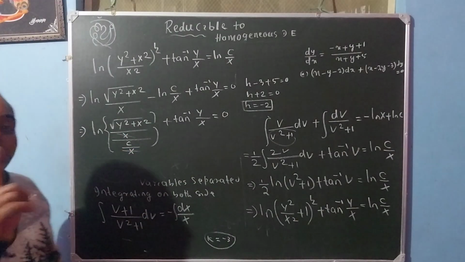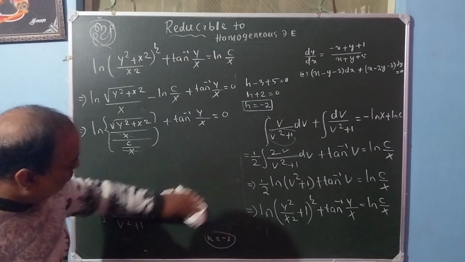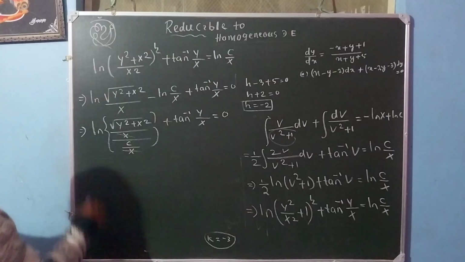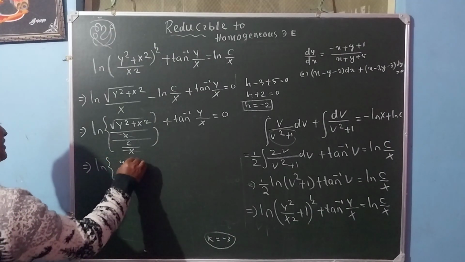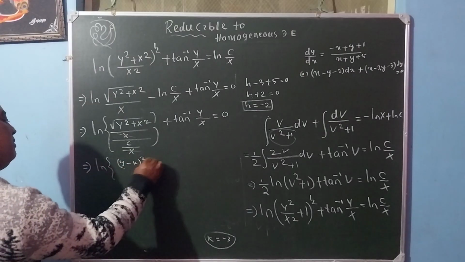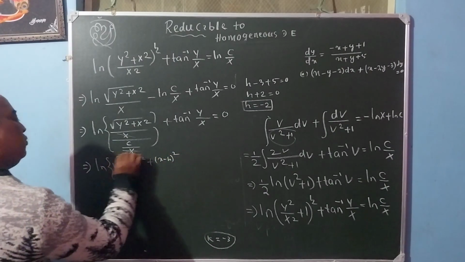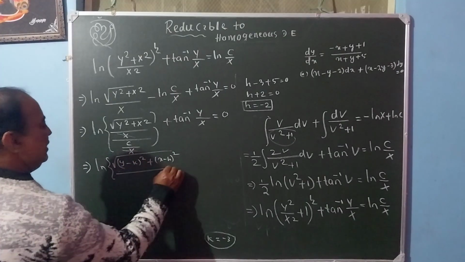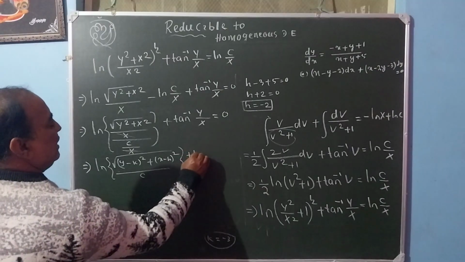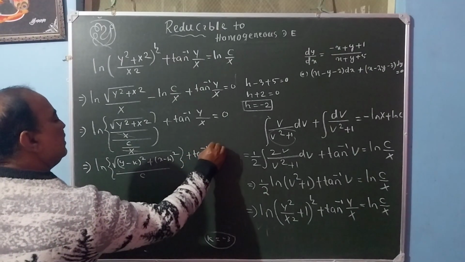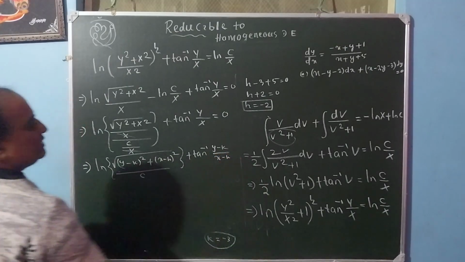Now in place of capital Y, we have to put small y minus k. Here we get ln root over ((y minus k) whole square plus (x minus h) whole square) divided by c, plus tan inverse (small y minus k) divided by (x minus h).